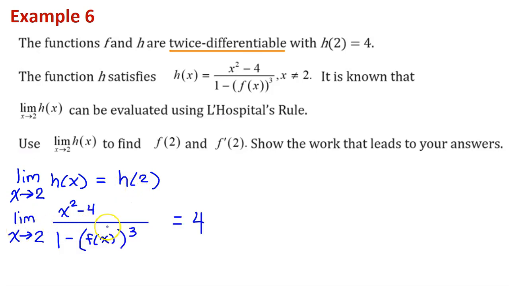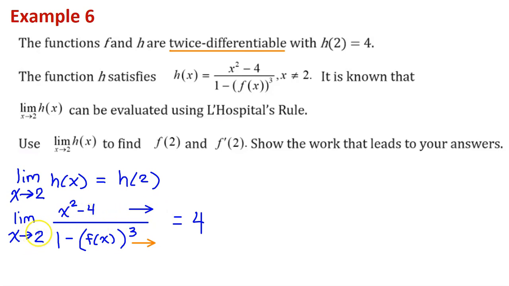So now we have this equation, which we somehow need to solve for f at 2 and f prime at 2. We are told that this limit can be evaluated using L'Hopital's rule. But L'Hopital's rule only works if the numerator and the denominator are both approaching infinity or both approaching 0.